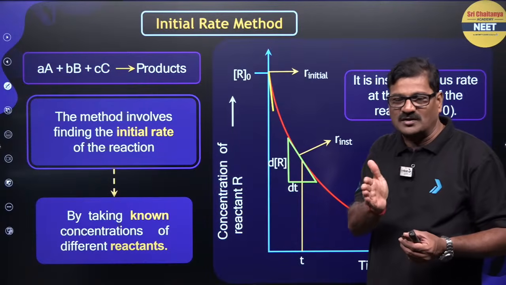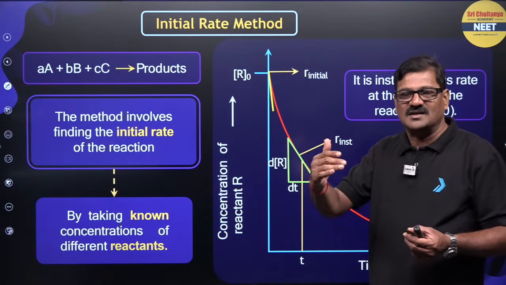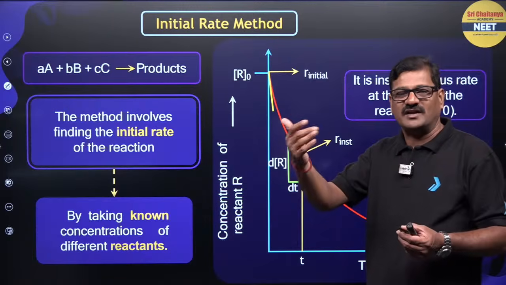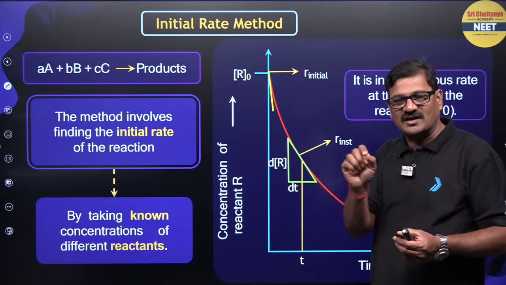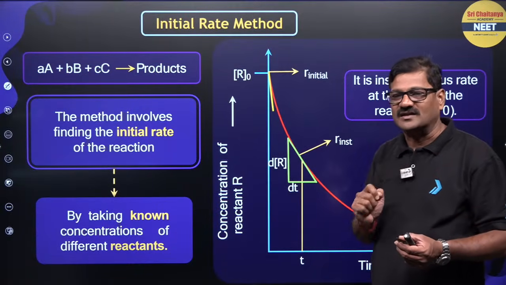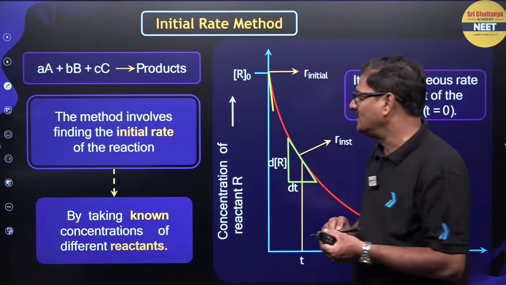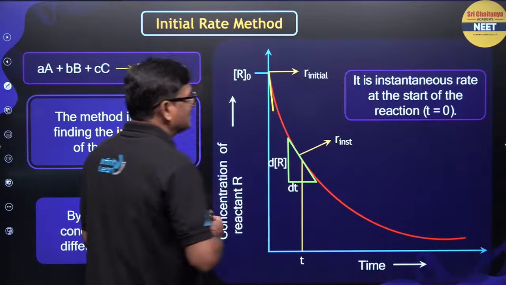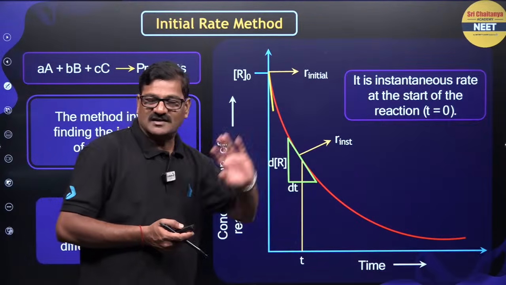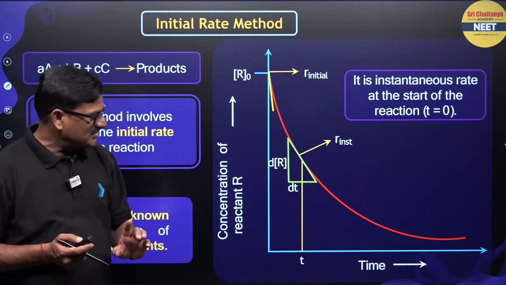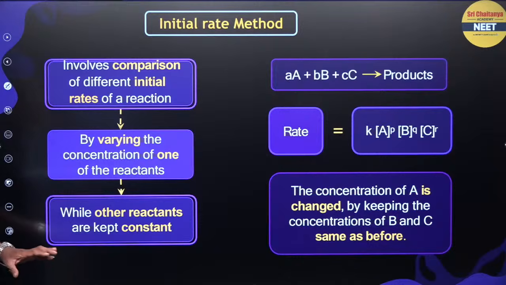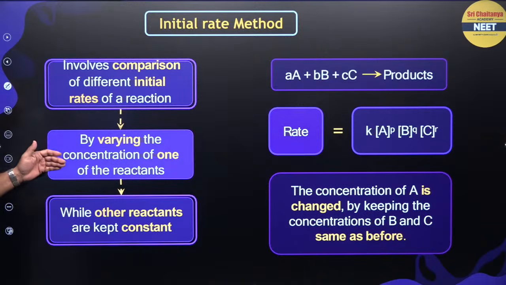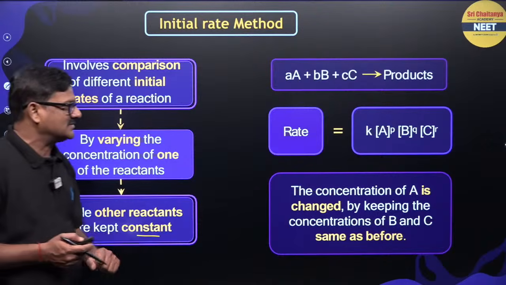So keeping one reactant constant, and दूसरा reactant का concentration variable करके initial rate calculate करना पड़ता. And let us say here it is an instantaneous rate, you just calculate at that time. Understand? And by comparing different initial rates of a reaction, varying the concentration of one of the reactants while the other reactants are kept constant.